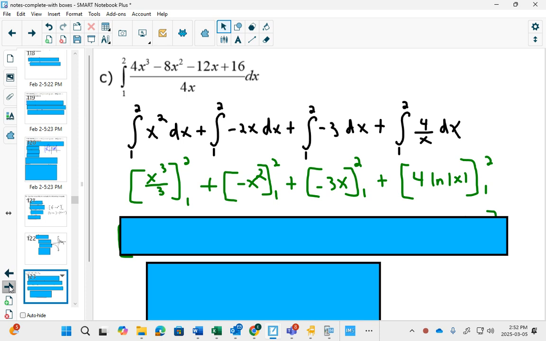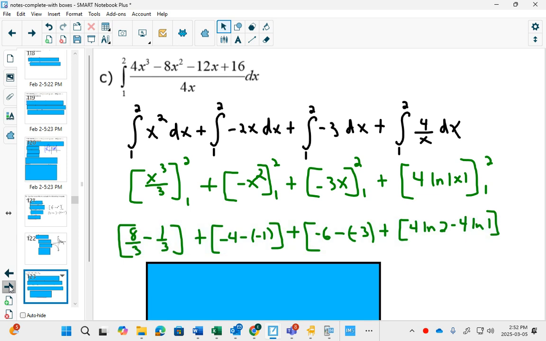Me personally, though, I don't think I would write all of those integrals over and over again. Would you be okay to put it in one set of brackets from 1 to 2? Plug them in and subtract. Here they're still all separate, which is okay.